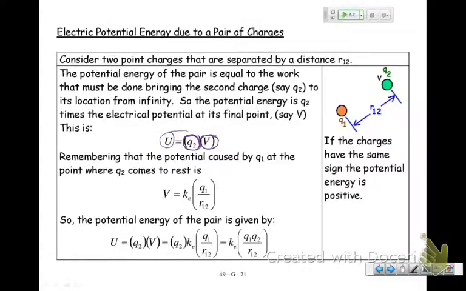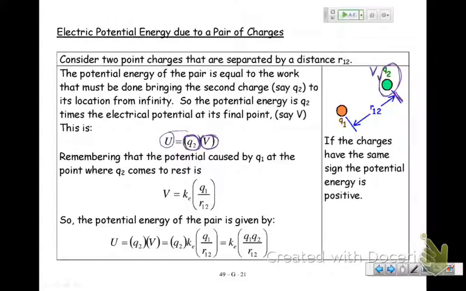This charge causes a potential here, and we put that charge there. So it's just one step beyond what we've done. If you can figure out the potential at that point, and I tell you there's a 3 coulomb charge there, just take that potential and multiply it.